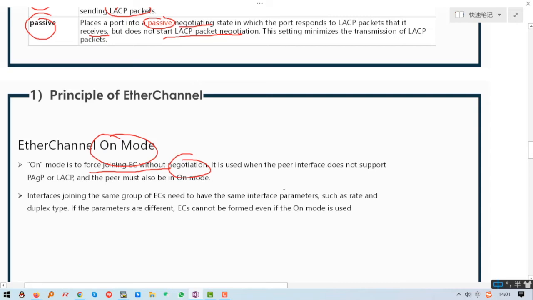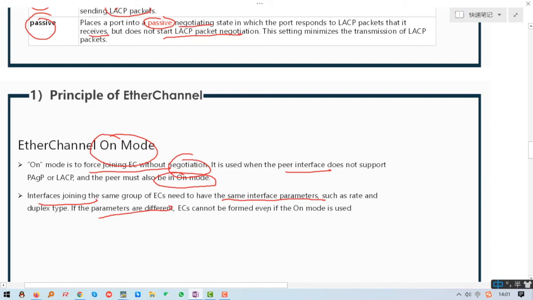It is used when the peer interface doesn't support PAGP or LACP, and the peer must also be in on mode, and the interfaces joining the same EtherChannel group need to have the same interface parameters, such as rate and duplex type. If the parameters are different, EtherChannel cannot be formed even if on mode is used.